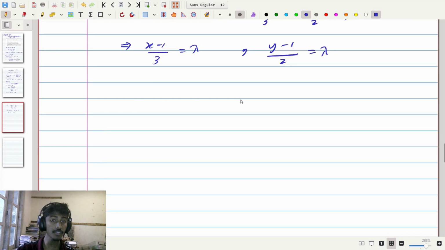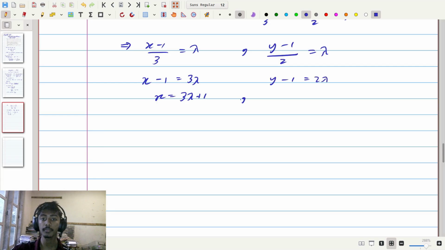Simplifying both of these down, on the left hand side we get x − 1 equals 3 lambda, and therefore x equals 3 lambda + 1, and on the other side we get y − 1 equals 2 lambda, and therefore y equals 2 lambda + 1. With that, we have our two parametric equations.